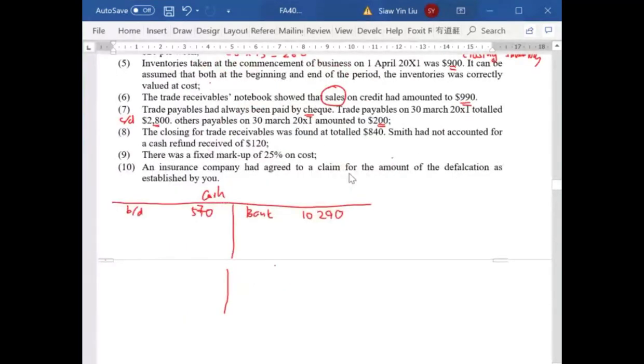So this one we'll put in also because these are informations. So wages will be 13 times 50, so 650, and then you have also the drawing. Drawing is 13 times 100, so you will have 1,300.